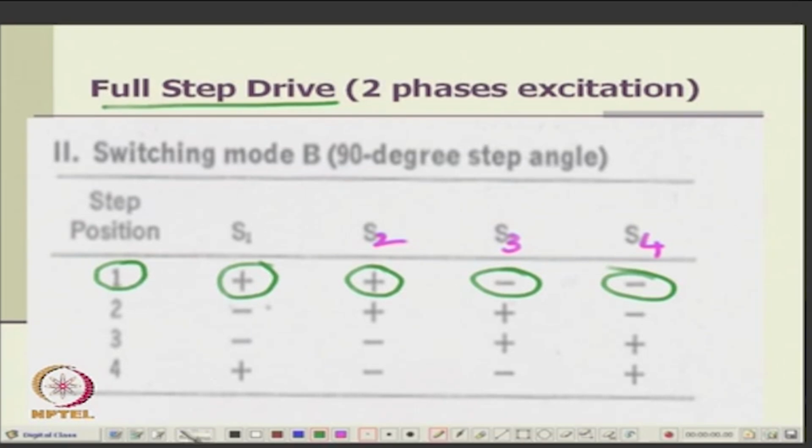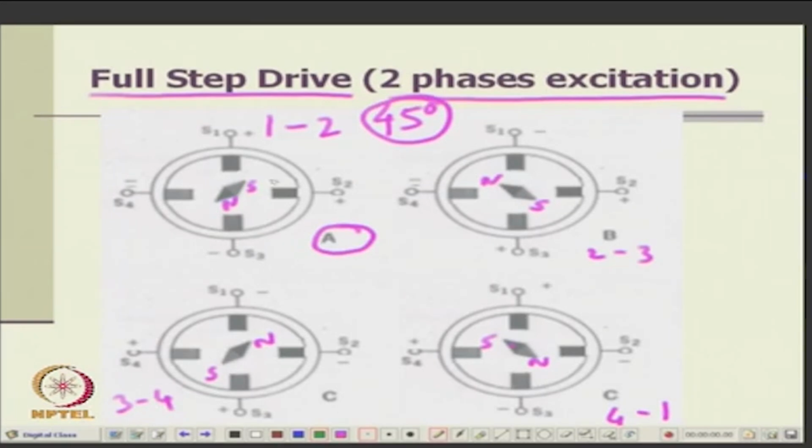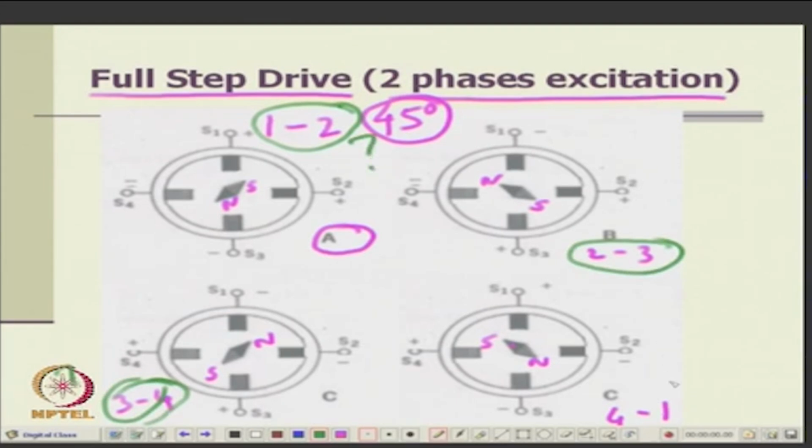I think it is not necessary that only 1 and 2 should be excited, even 3 and 4 can be excited also, but it depends upon which direction. Okay. So, I think we will not freeze it, I will put it as a question mark here. So, all can be excited also, 2 can be excited also. Okay.